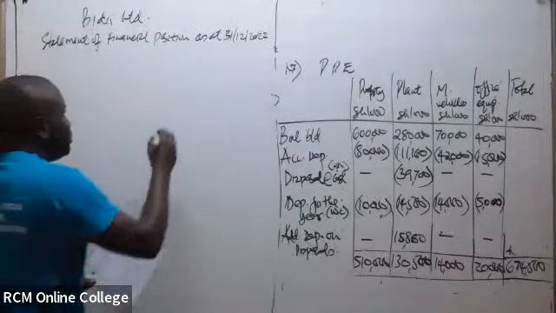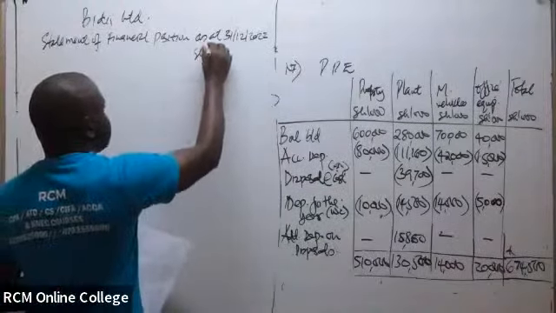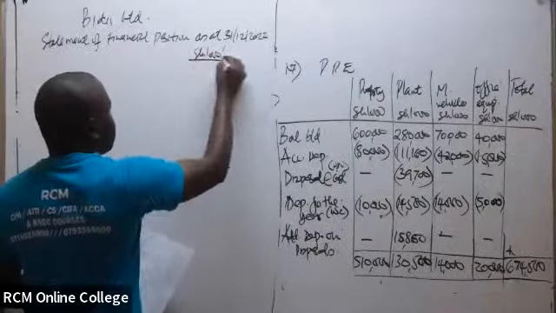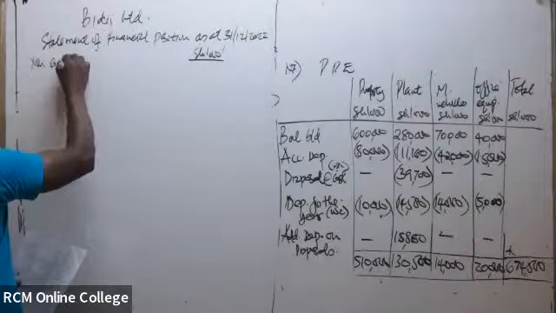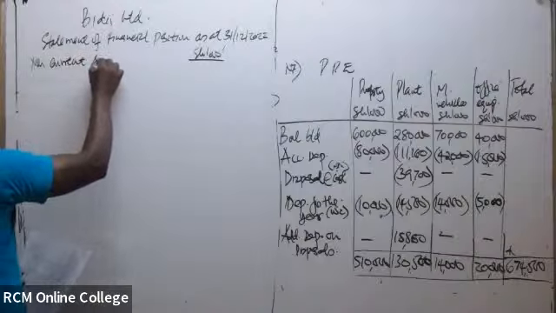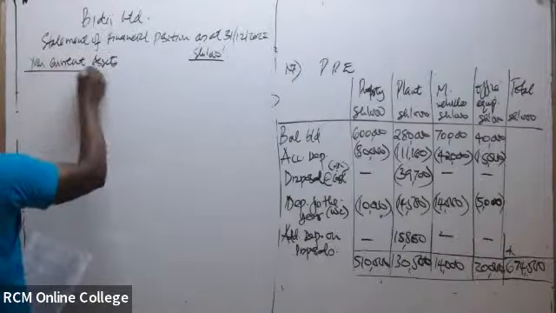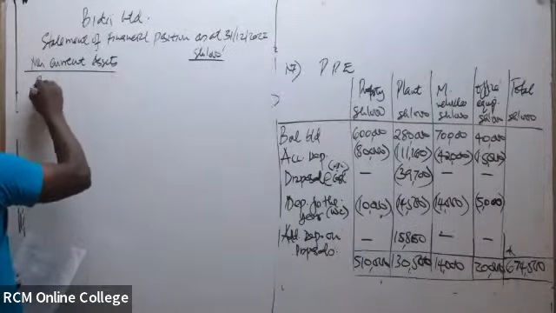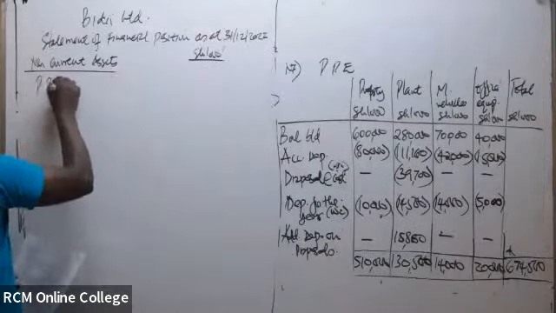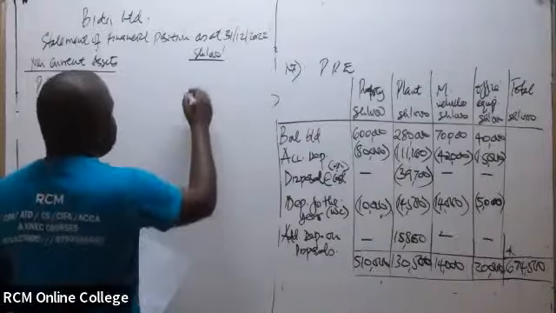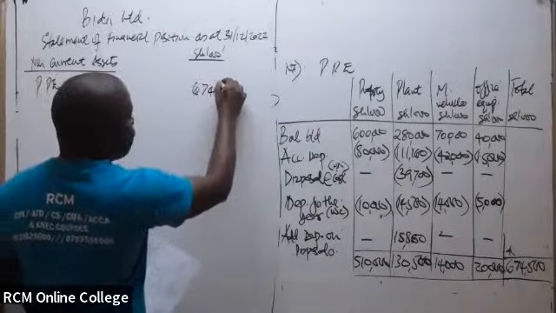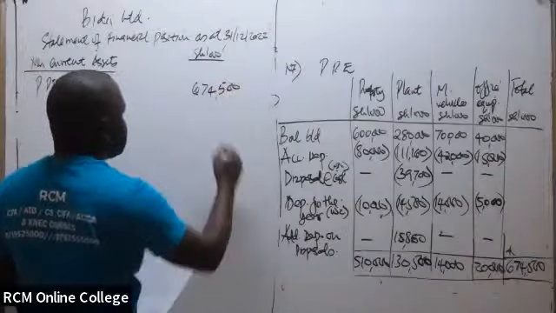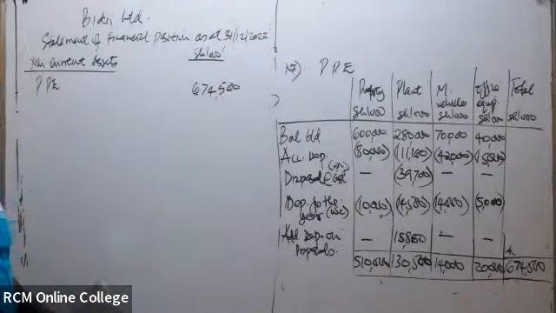So in this case, we have our shillings in thousands. So we can, of course, automatically start with the non-current assets. In this case, we have property, plant, and equipment, which we've gotten 674,500.